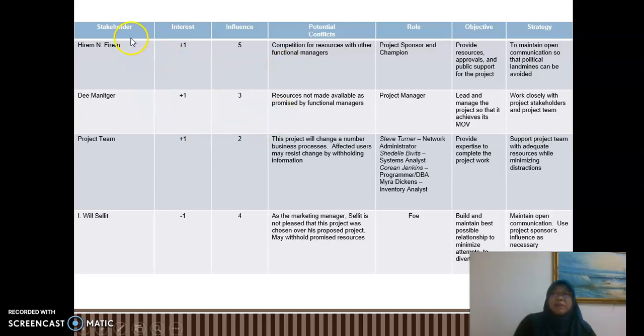Starting from the stakeholder, which is about to identify the stakeholder and to identify the interests of the stakeholder, the influence of the stakeholder, the potential conflicts of the stakeholder, the role of the stakeholder, the objective of the stakeholder, and the strategy for relationship for the stakeholders.